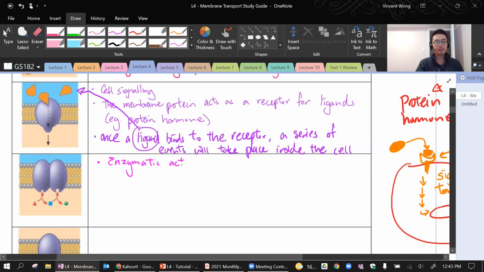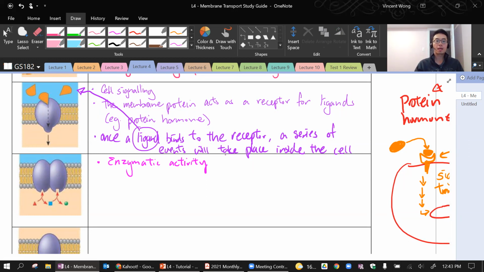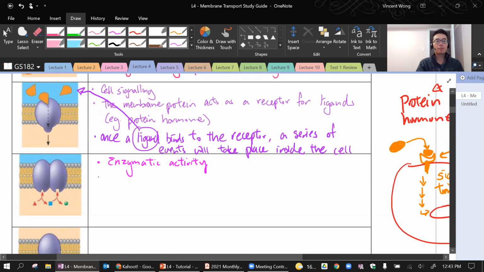Enzymatic activity. As you know, enzymes are proteins that can catalyze or speed up chemical reactions.